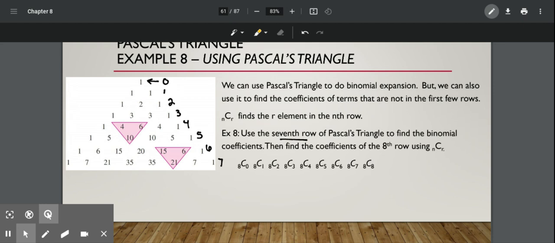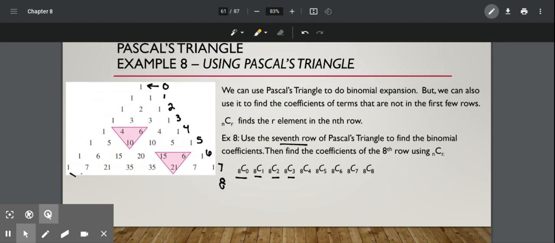So you would use your coefficients, that 8C0, 8C1, 8C2, 8C3, and that would give you the coefficients there in that 7th row, which is really the 8th row of Pascal's triangle. So if we were to do this, we know that that 8th row, you really could just add these together and get 8, but that is your 8C1.